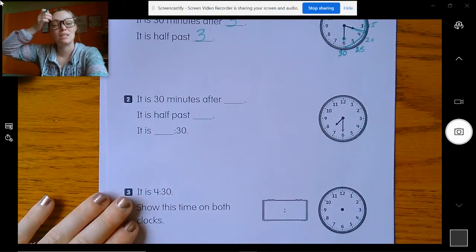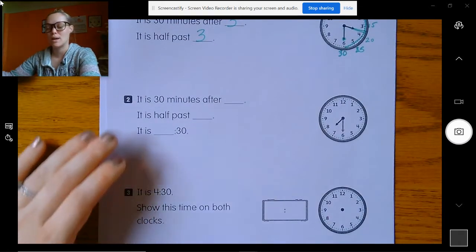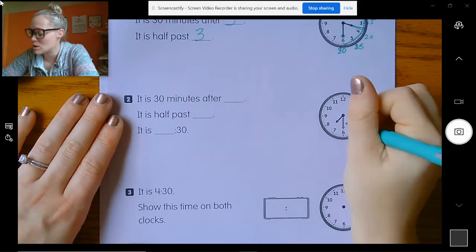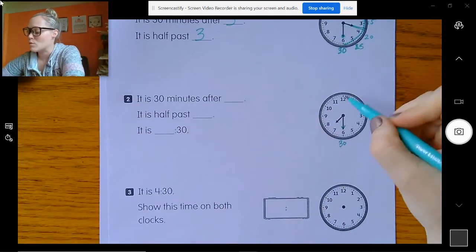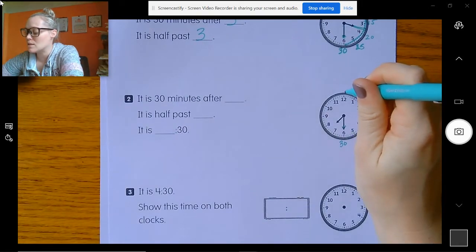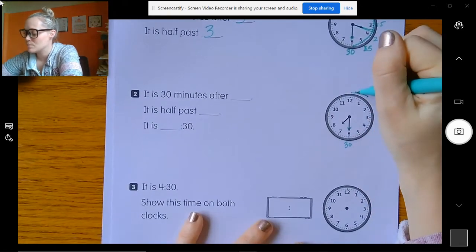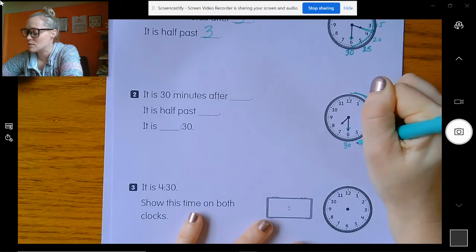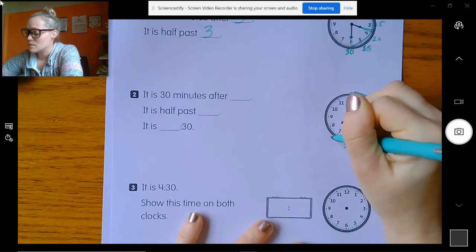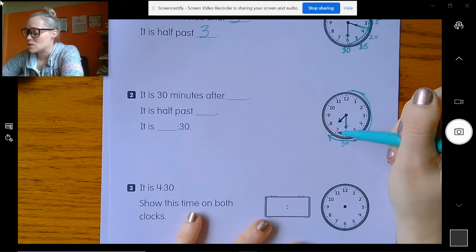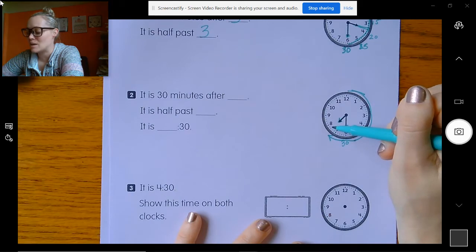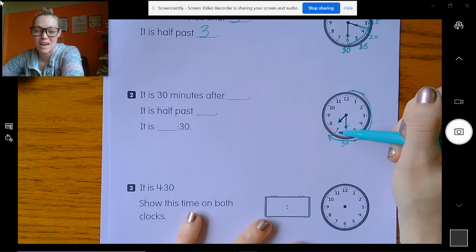Our next one, it is 30 minutes after what hour? So here's my 30 minutes. My long one shows 30 minutes. And remember, my clock starts here and it goes this direction. Okay, so my hour hand here, if I follow it along this way, is already past the 7, but it hasn't hit 8 yet.